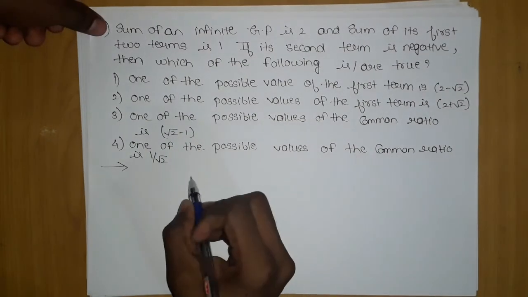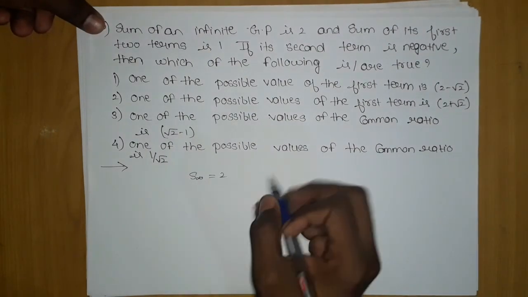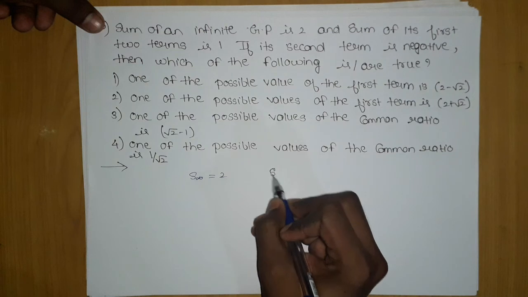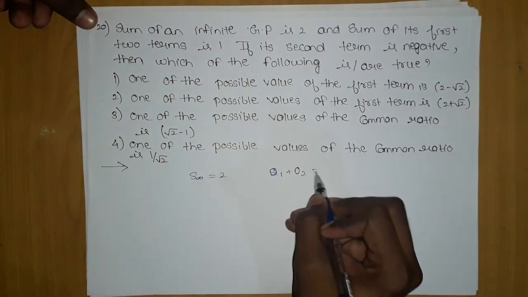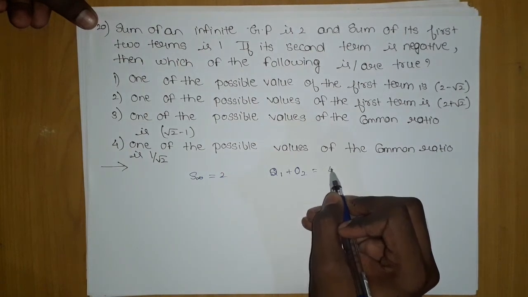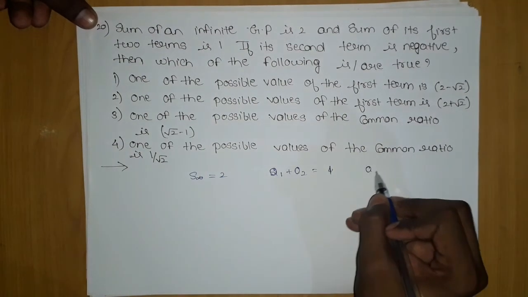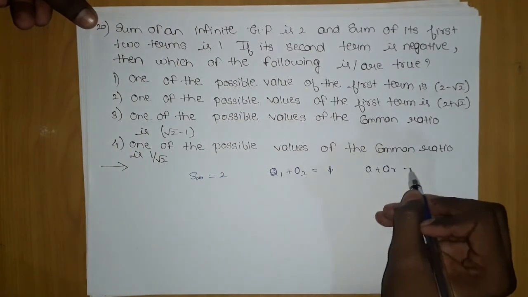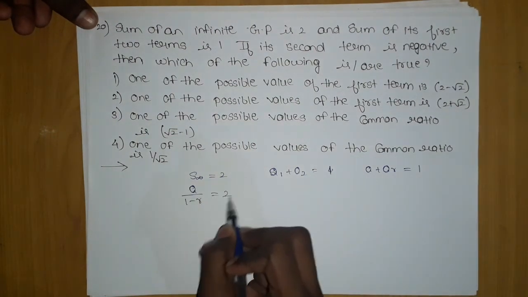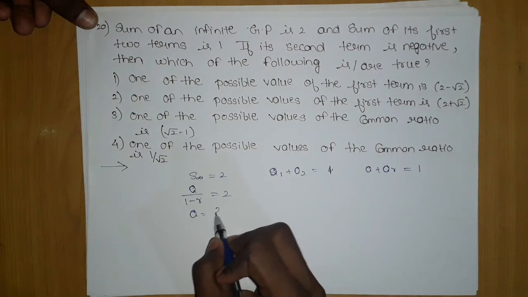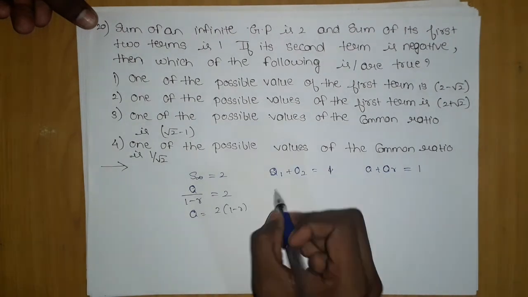The sum of the infinite GP is given as 2, and the sum of the first two terms, that is a1 plus a2, is equal to 1. Then I can write it as a plus ar equal to 1. But a upon 1 minus r is equal to 2. So I can put the value of a as 2 into 1 minus r here.